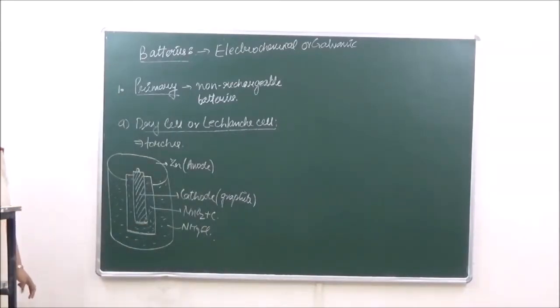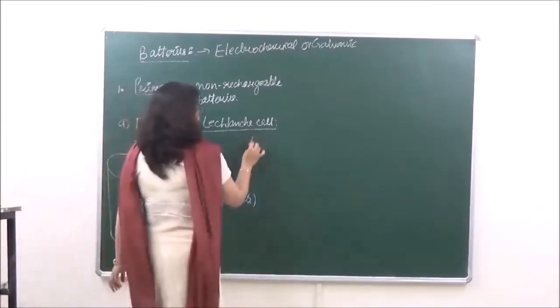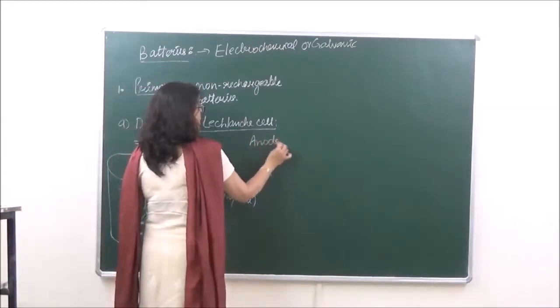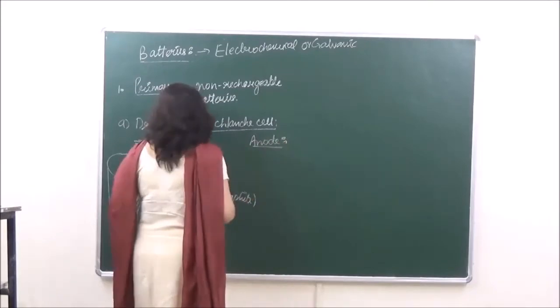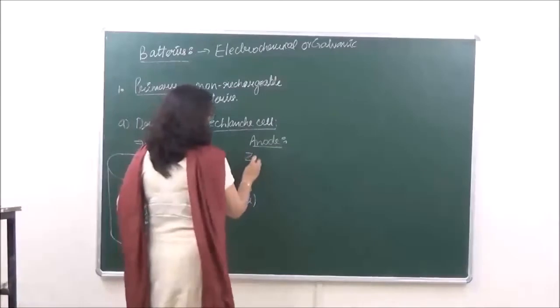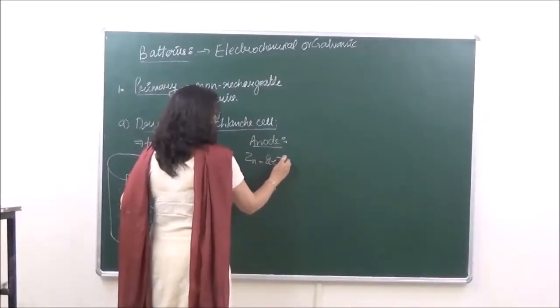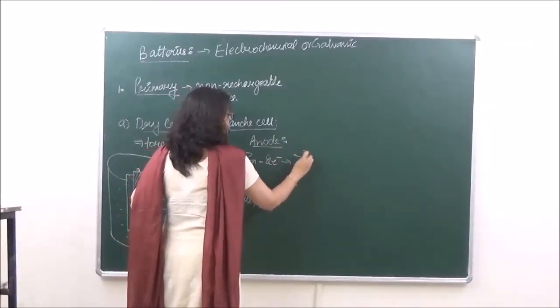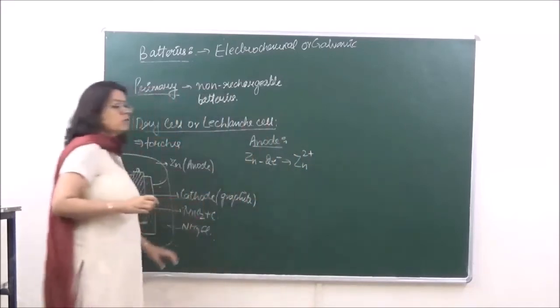Now when we are talking of the reactions, let's look at the anode reactions. The anode is formed of zinc. Therefore, zinc loses 2 electrons to undergo oxidation and converts into Zn2+.